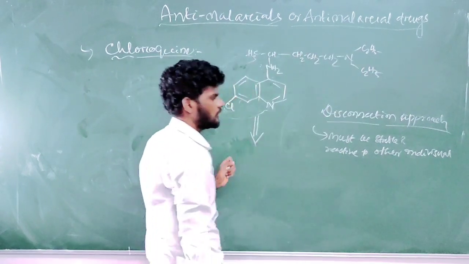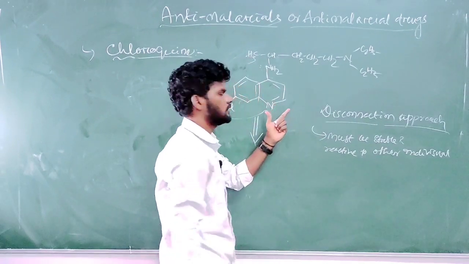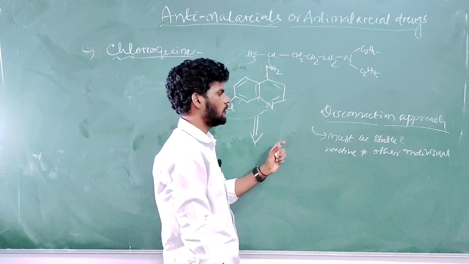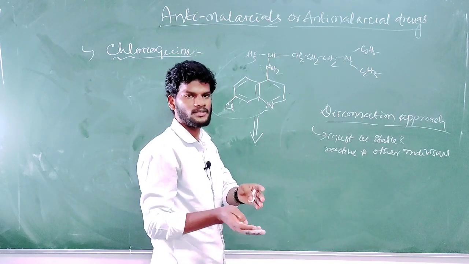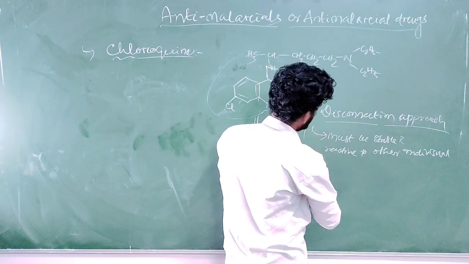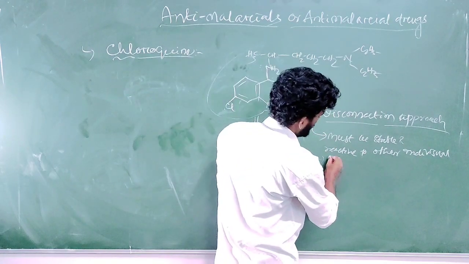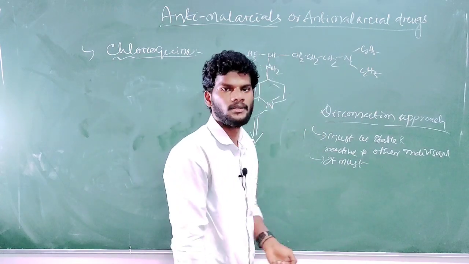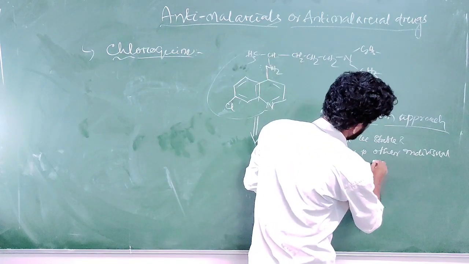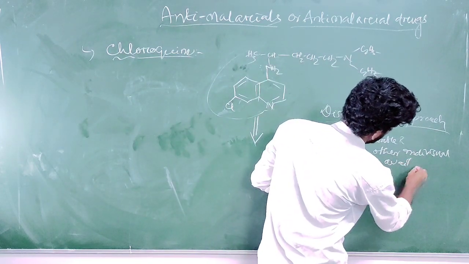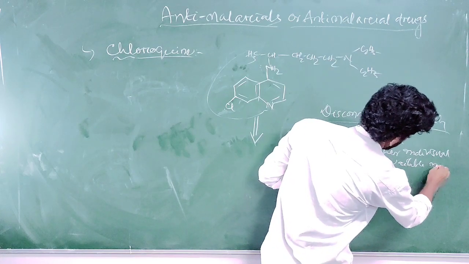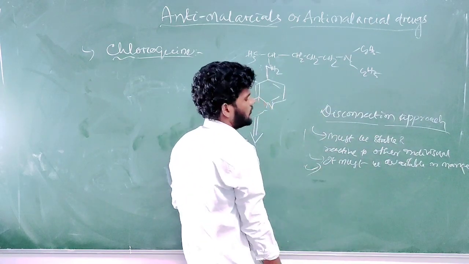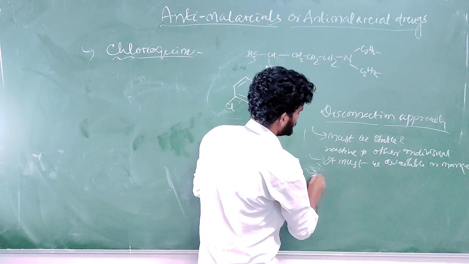This is our desired compound, chloroquine. If you break the molecule into different subparts, each subpart must be a stable molecule that is reactive to the other stable molecule. This is the first condition. Second, it must be available in the market, with high availability. Third, it must be available at a cheaper price.